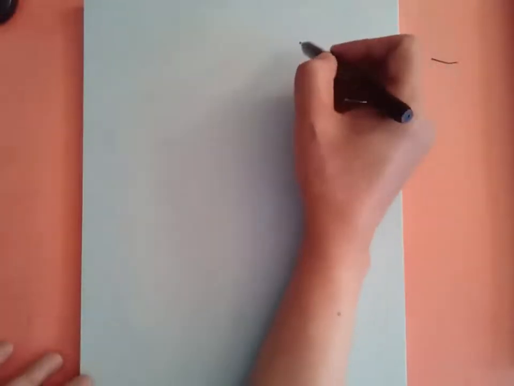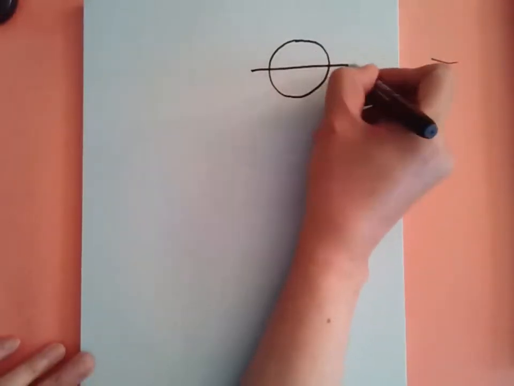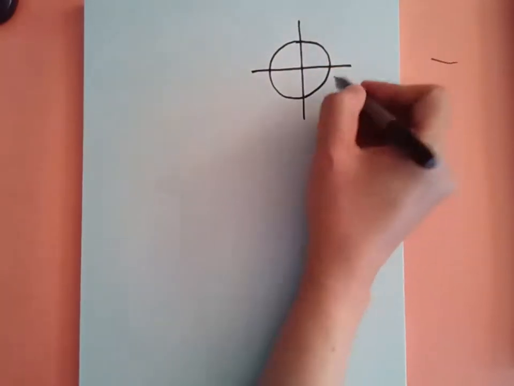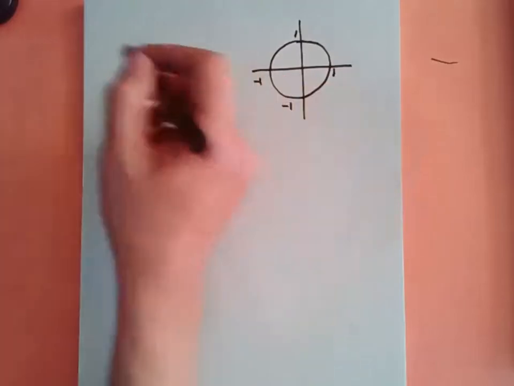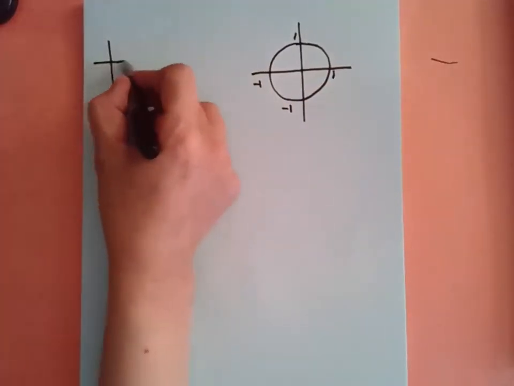So we can draw the trace of the parametric curve like this. And we want to think about the direction.